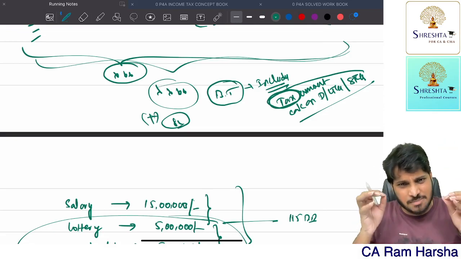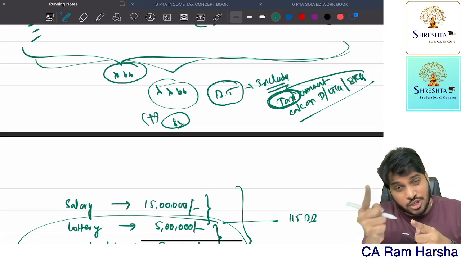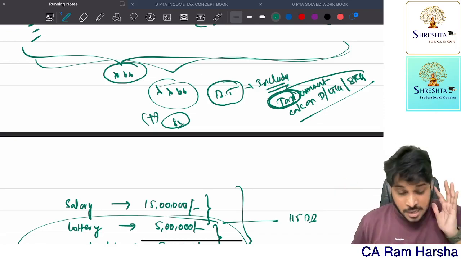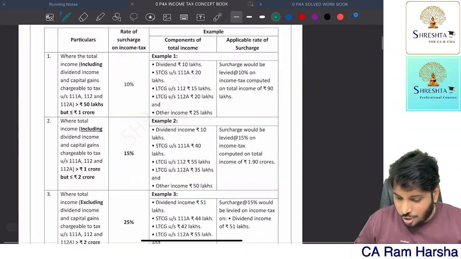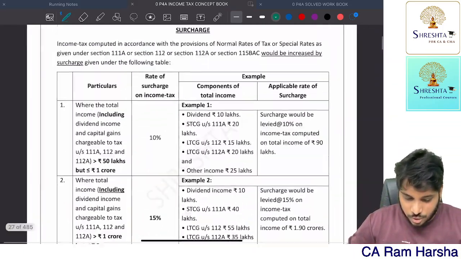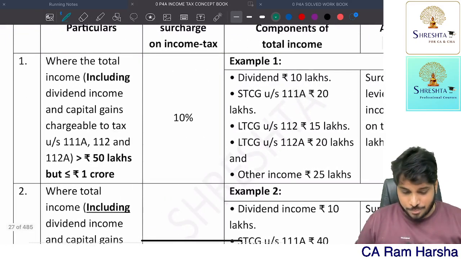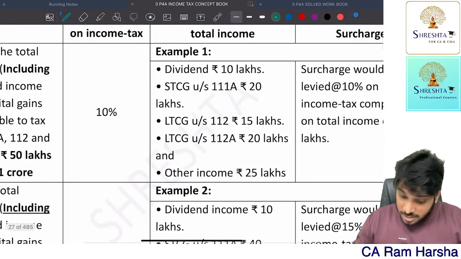What is our maximum rate of surcharge on basic tax calculated on these long-term, short-term gains and dividend? Maximum 15%. Don't worry, don't get confused. Slowly we will explain. We have illustrations for all of this. Answers were not given, but we will compute it.